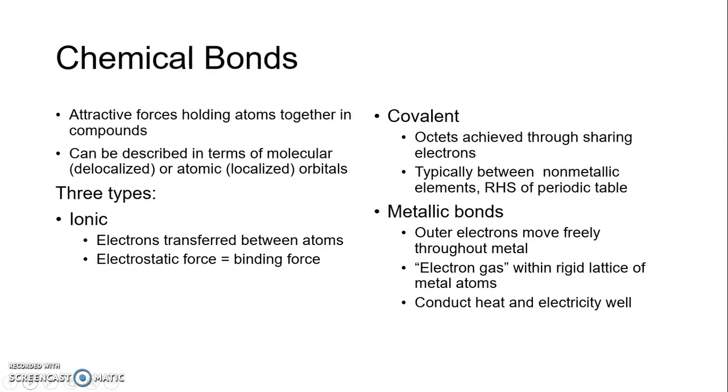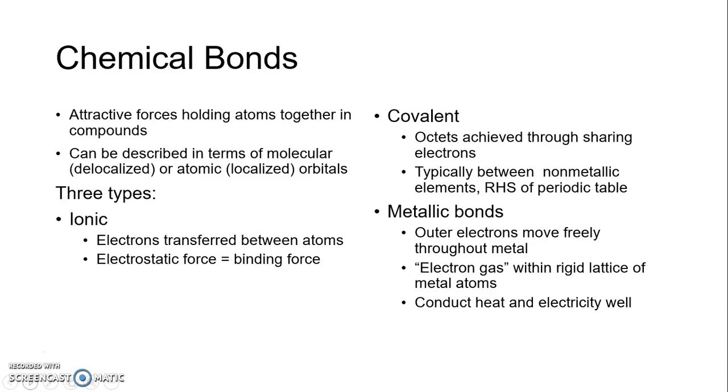Now, there are 3 basic types of chemical bonds that we deal with. The first type are ionic. Ionic bonds deal with the electric force between 2 charged atoms. The second we're going to talk about are covalent bonds, where two atoms work on attaining this octet rule by sharing electrons.